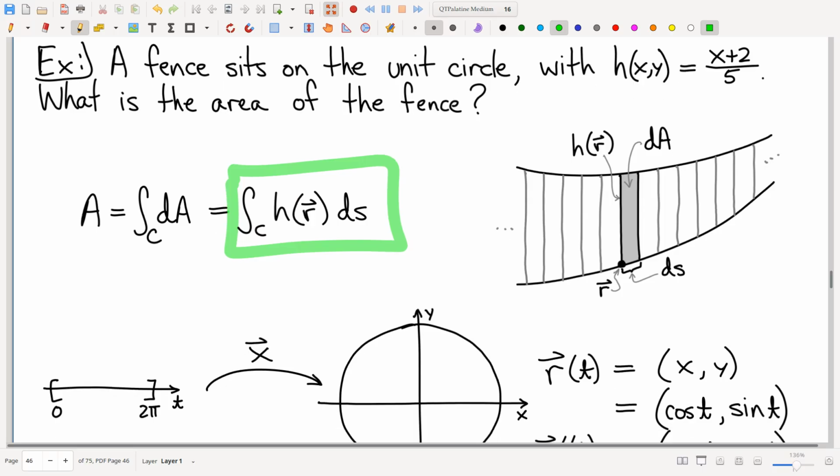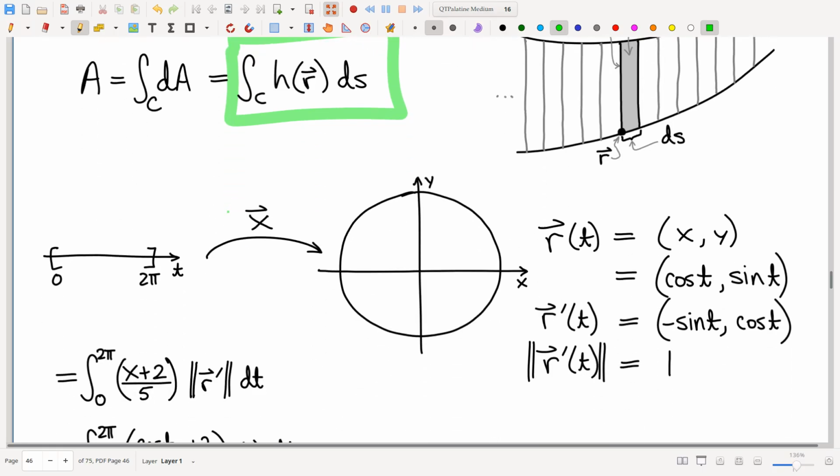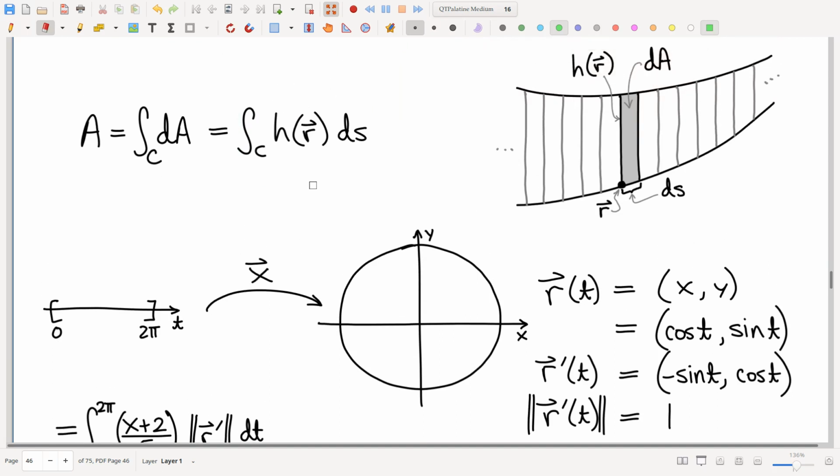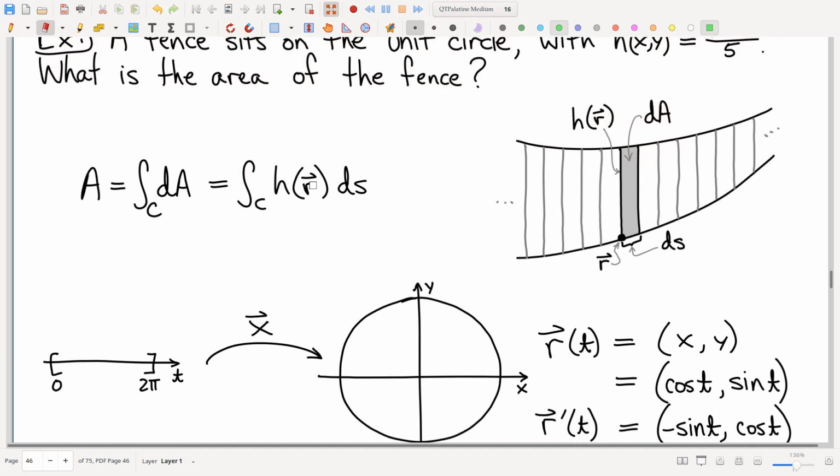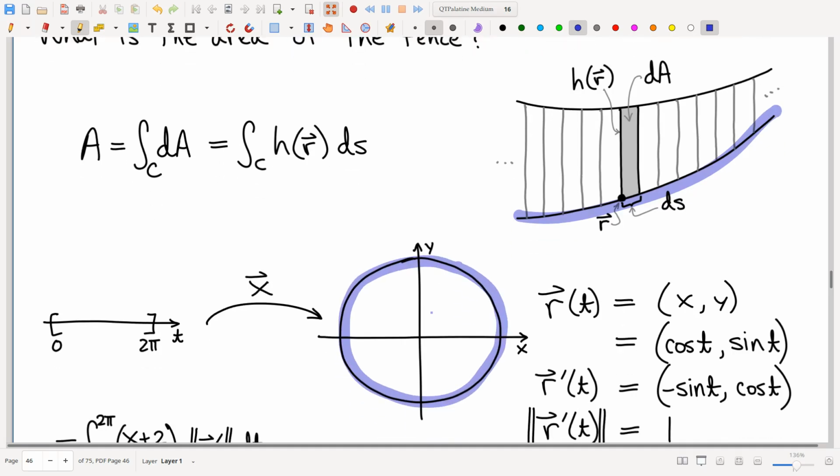Okay, so that said, as we recall from the last example, you've got to parameterize your curve. The unit circle is our footprint. That's what we're adding this up over, and here's the whole unit circle just for convenience.